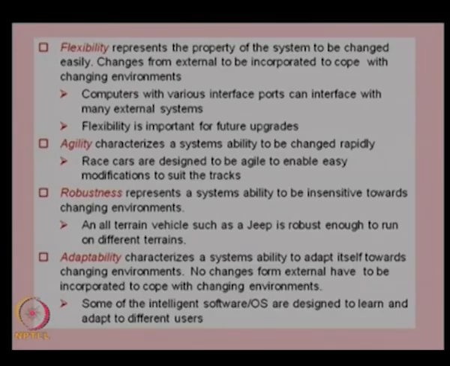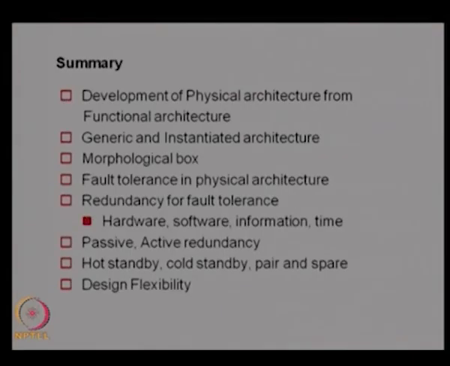All these characteristics are important for any system, and when we develop the physical architecture, we must ensure that we take care of these factors also in the identification of the architecture as well as the identification of the components. So, with that we complete the physical architecture development for the system, and here we discussed the development of physical architecture from functional architecture, and then we discussed the generic and instantiated physical architecture.